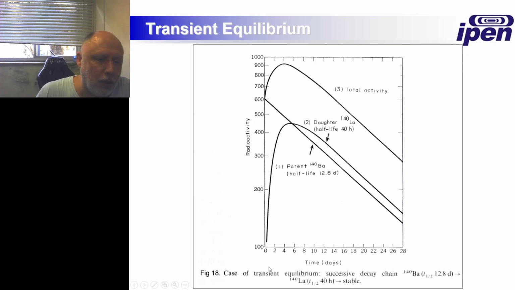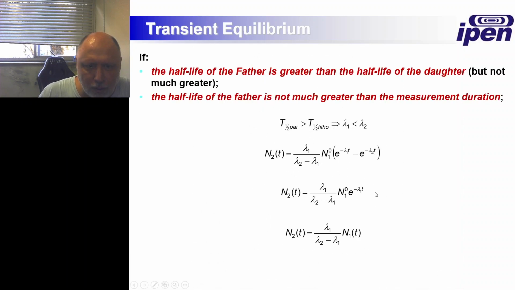So what you see, if you observe a measurement, you can see the decay of the father. It's not like the secular equilibrium where you don't see the decay of the father. You do see it. But you also see the daughter being created and then decaying. And if you notice one thing, it decays with the apparent half-life of the father, right?